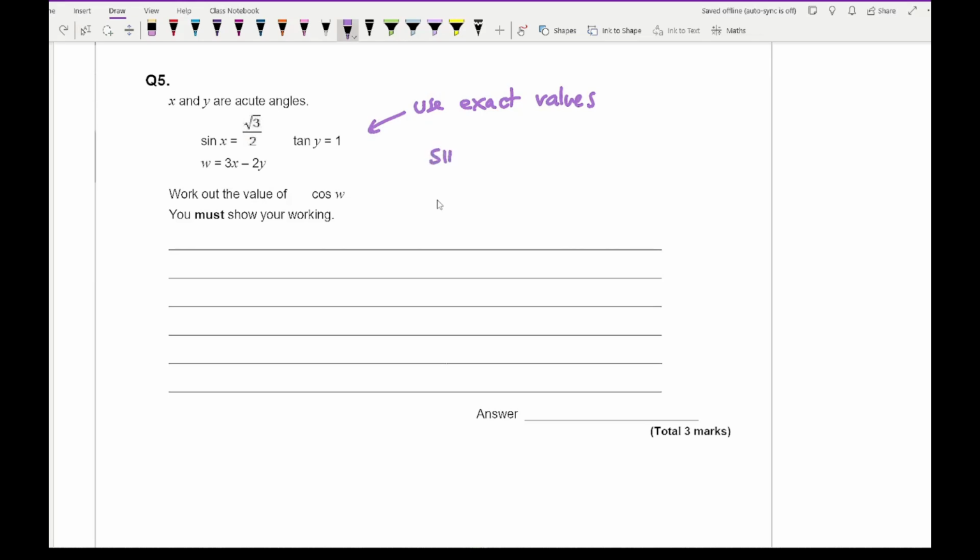So here, if sin x equals root 3 over 2, then x is going to equal 60. And likewise, if tan y equals 1, then y is going to give me an answer of 45. And again, how I've got those is by memorizing the exact values of trig.